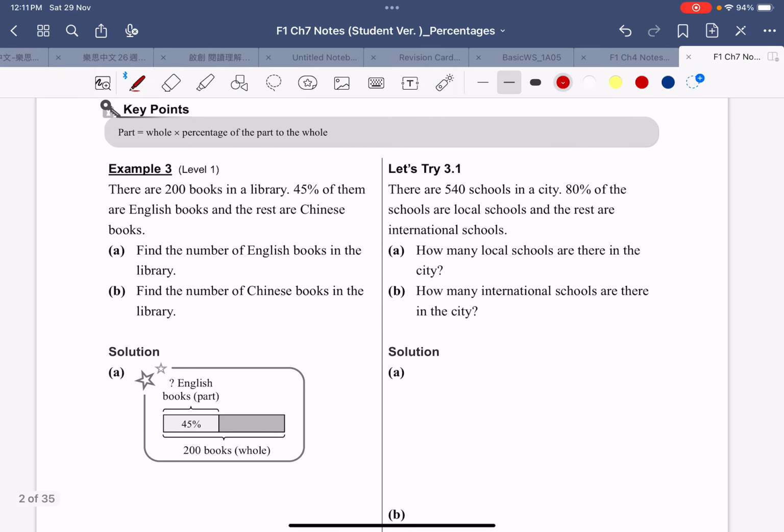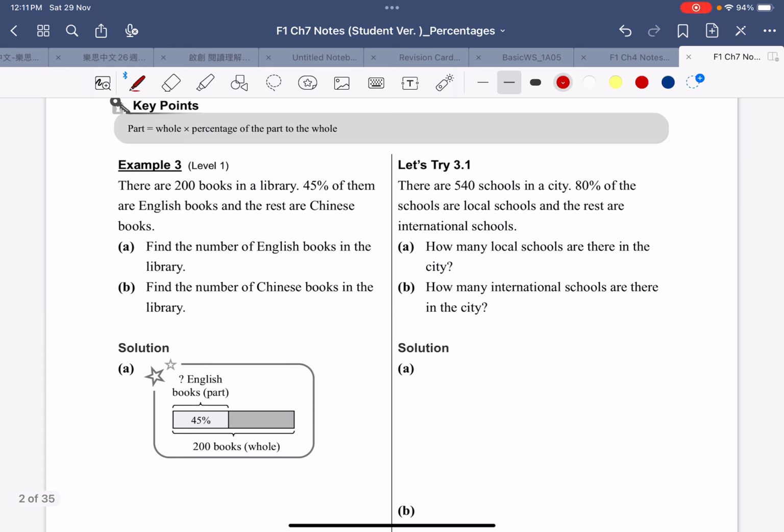Continue with example 3. So now remember we have this formula, part equals whole times the percentage. Okay, we also have part divided by whole times 100% equals percentage, right?